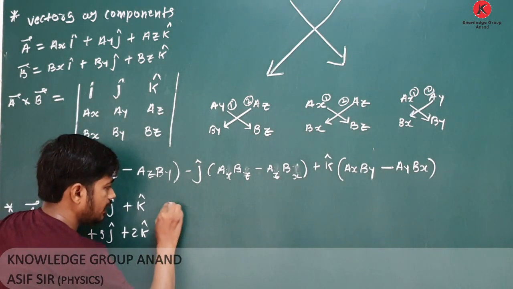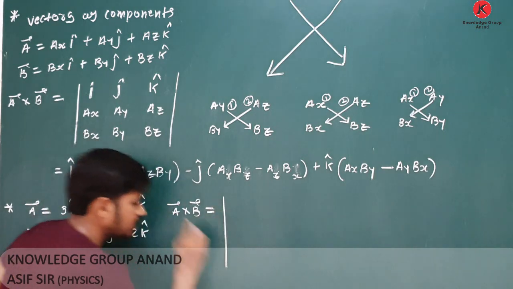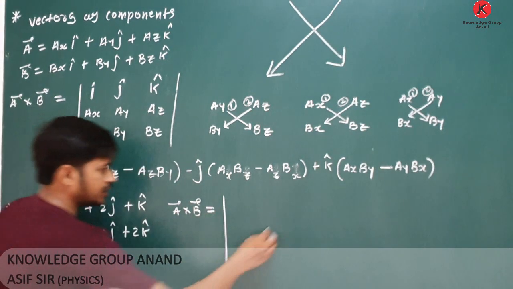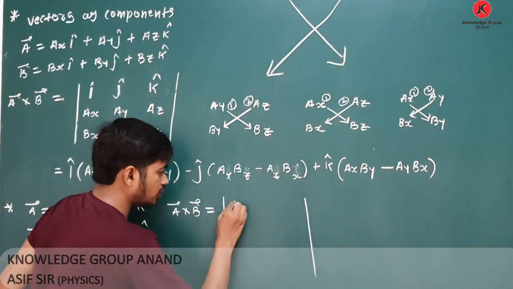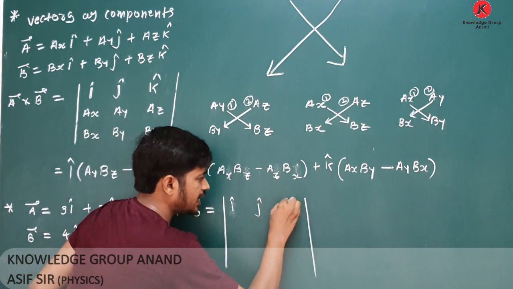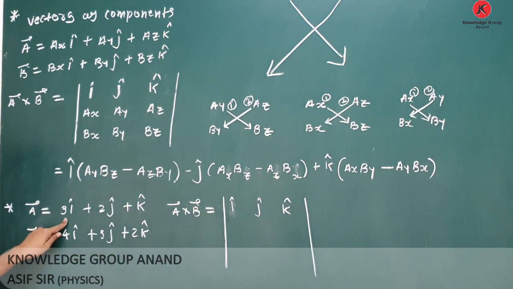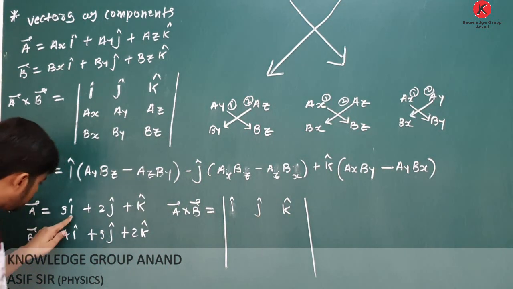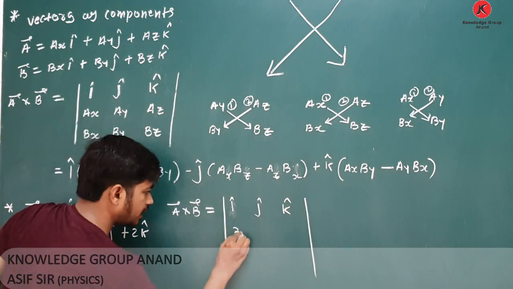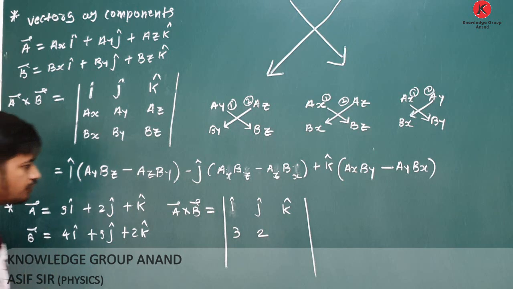See, a cross b is equal to a 3 by 3 determinant. First row is always fixed: I caret, j caret, and here it is k caret. First vector a, it is 3, 2 and 1. See, what is the coefficient of I caret? 3. What is the coefficient of j caret? 2. What is the coefficient of k caret? Yes, here it is 1.